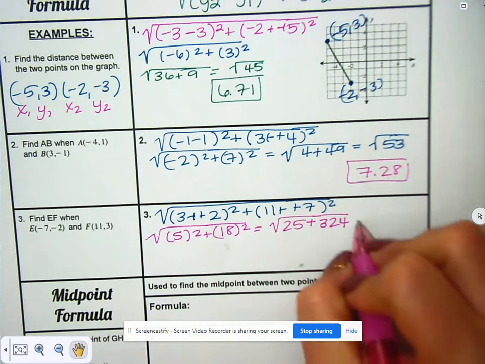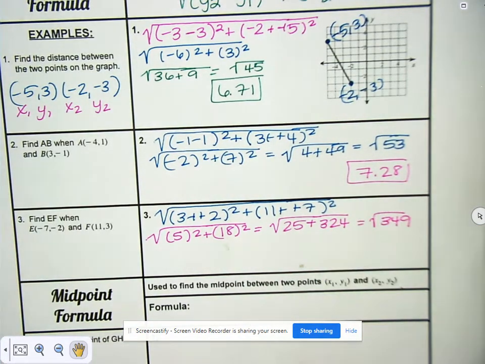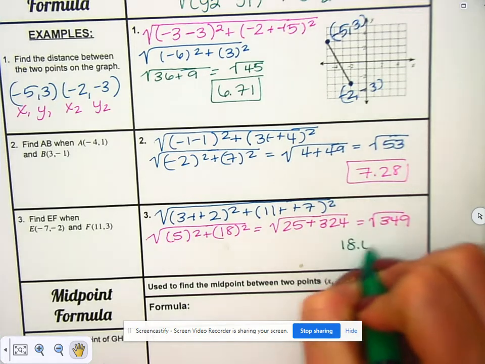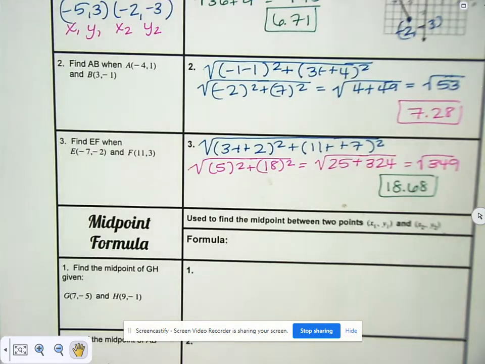When I add those together, I get the square root of 349, and the square root of 349 is going to give me 18.68. For me, y'all, I round to 2 decimal places all the time unless I'm told differently. So that's why I do have 2 decimal places there.